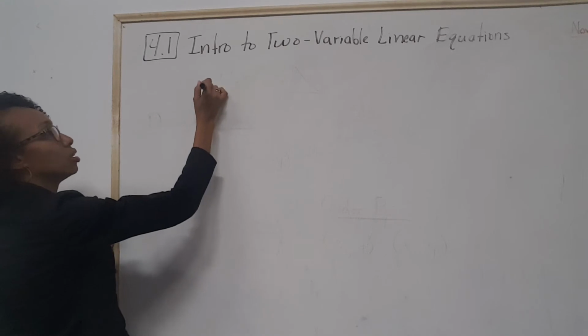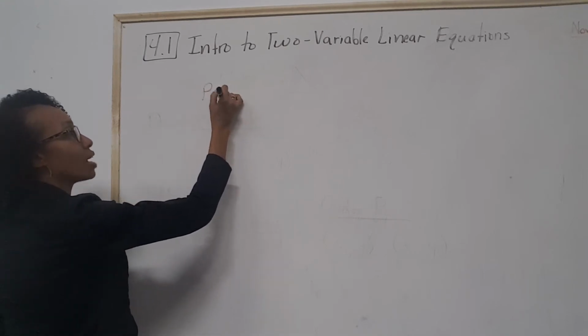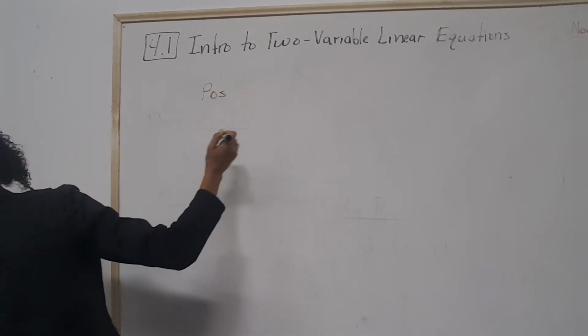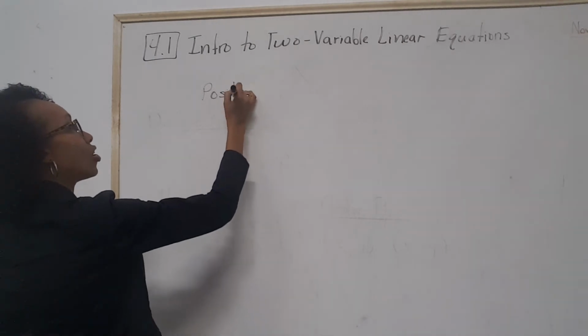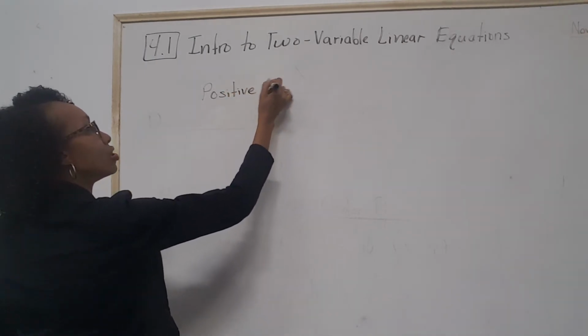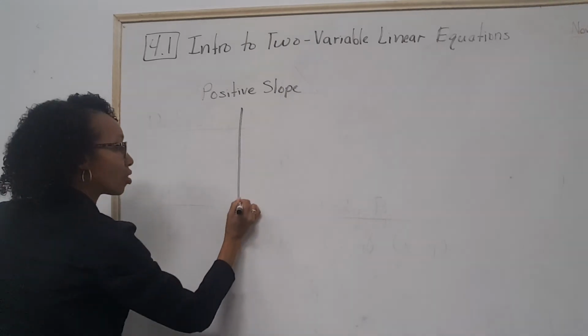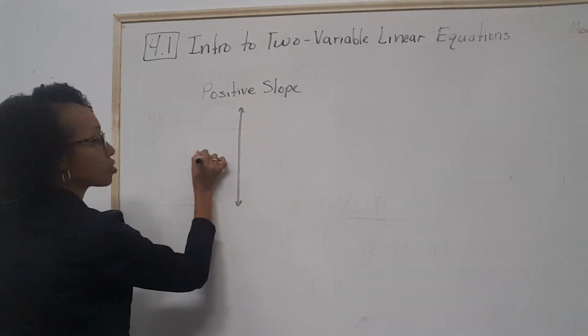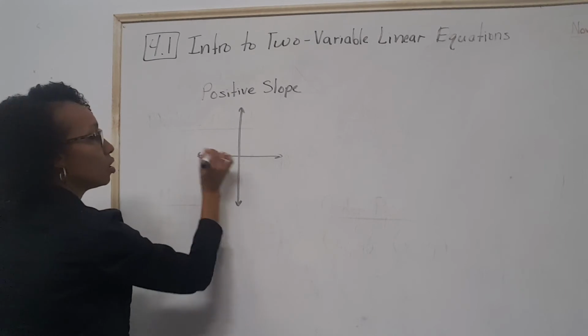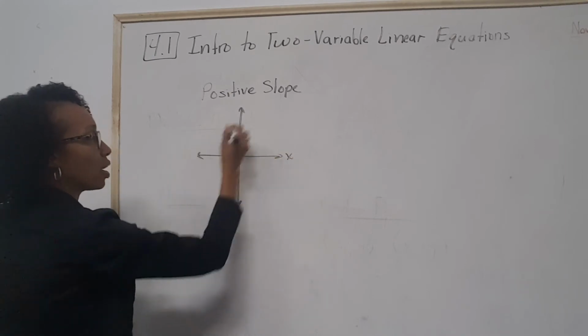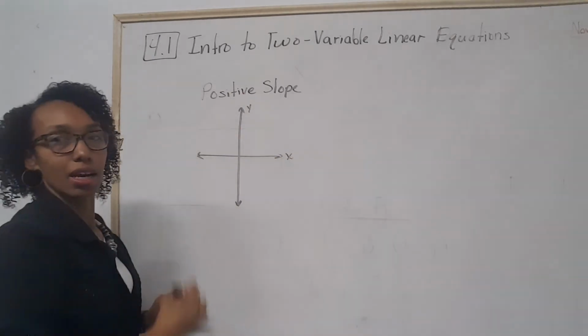So first, we'll take a look at what a positive slope looks like. So here's our Cartesian plane. We know the x values are left, right, the y values are up and down.